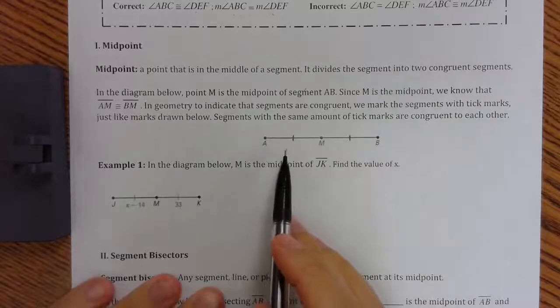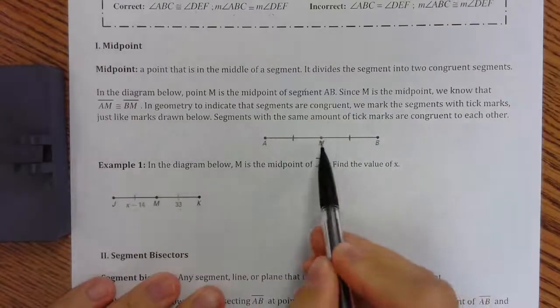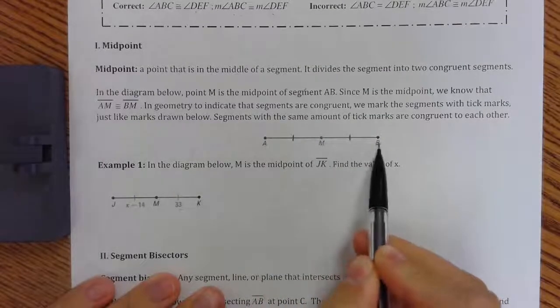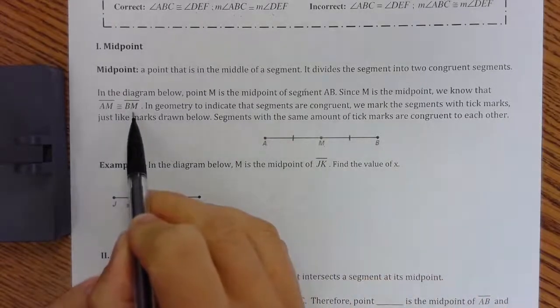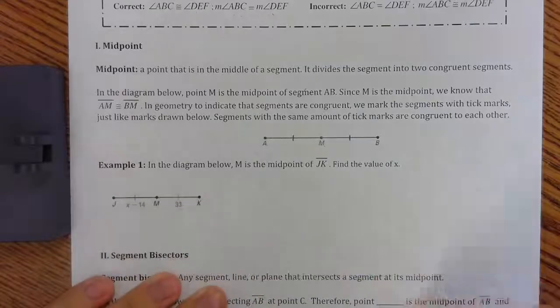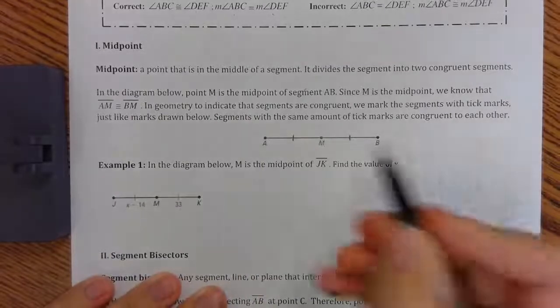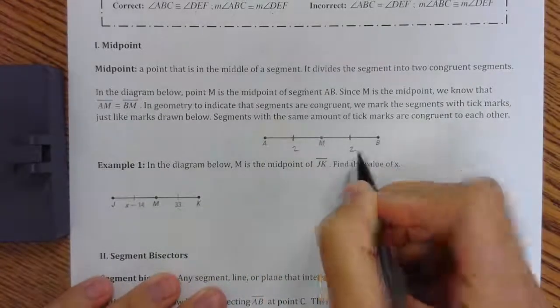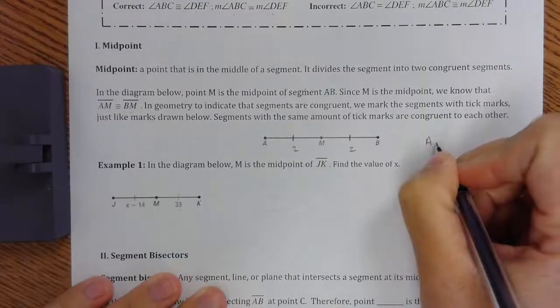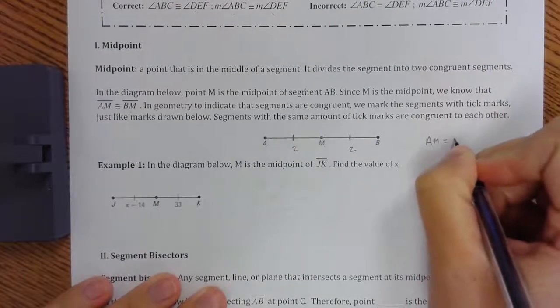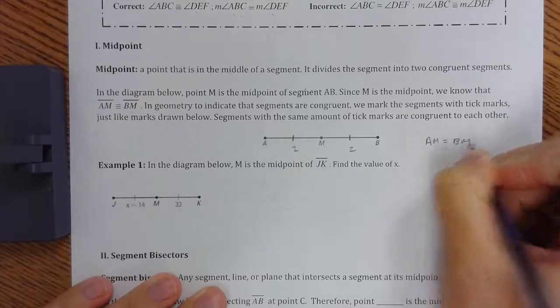So in this diagram, M is the midpoint of AB. So we know that AM is congruent to BM. If we had their actual measures, so say I knew that both of these were 2, then I would say AM is equal to BM.